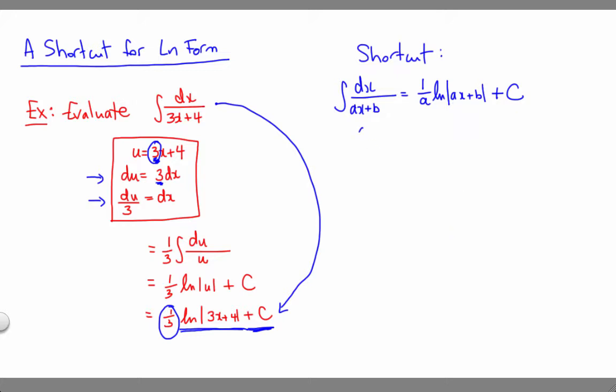In this context here, a and b can be any real numbers that we like. The only restriction is that a should not equal 0, otherwise we would be dividing by 0 here.